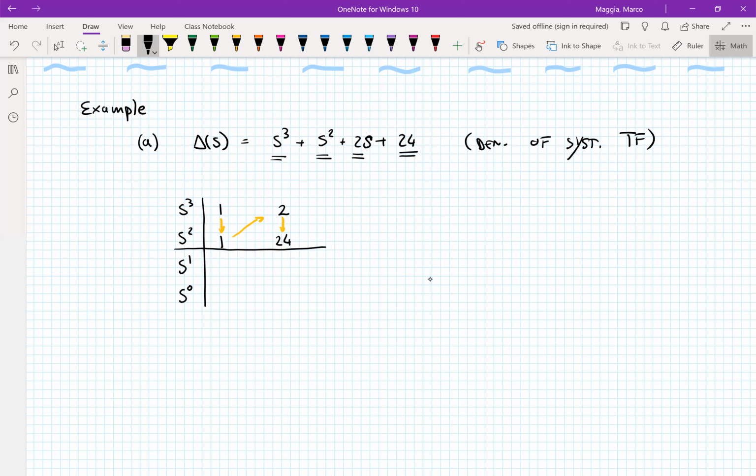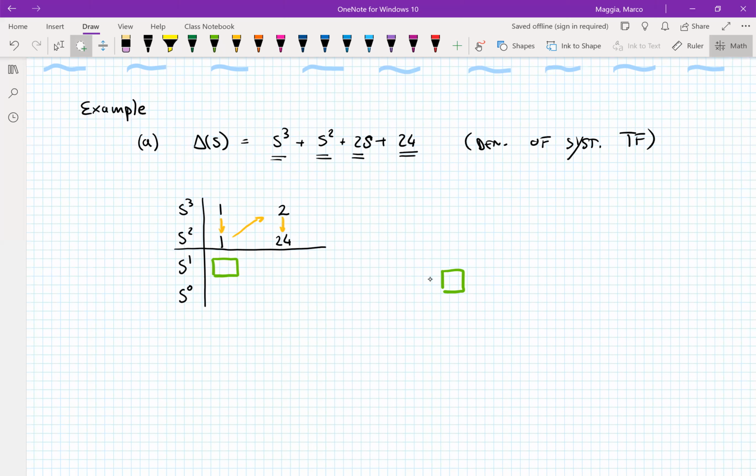We don't have any other coefficients, so we've completed filling the first 2 rows. Now we want to find the first column, third row element.